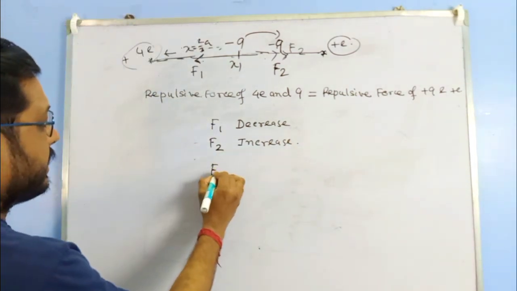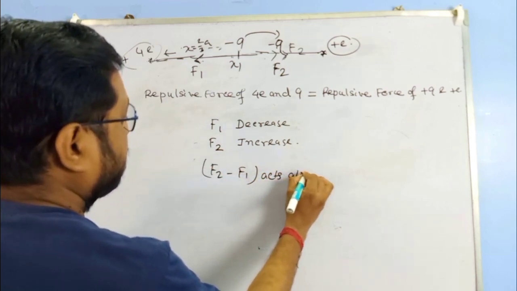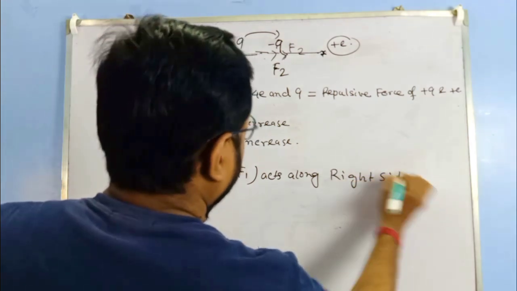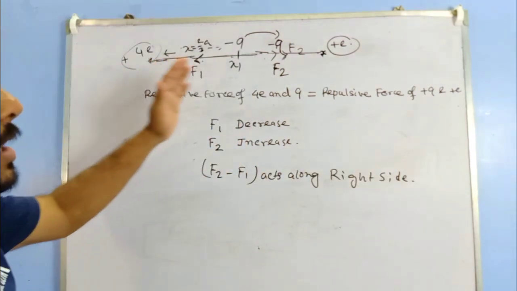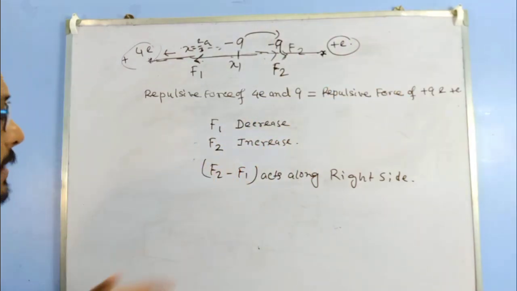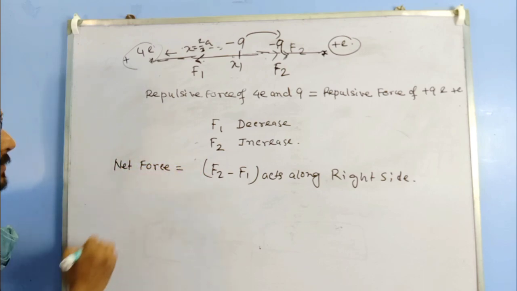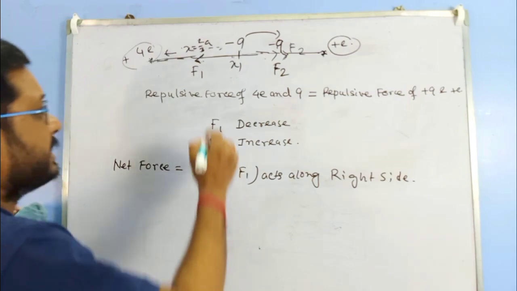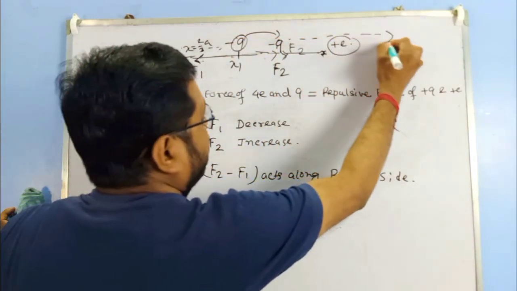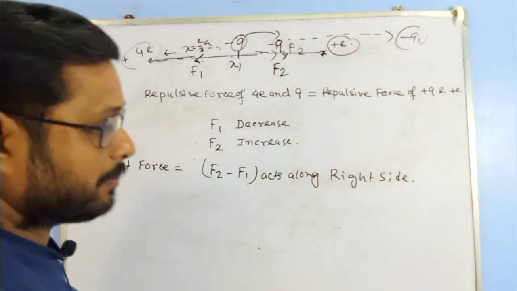But here F2 minus F1 acts along the right side, because the direction of F2 is now on the right side, not the left. So the net force is directed to the right. That is, the charged particle cannot come back to its initial position; it moves away from it. As we said earlier, this is the case of unstable equilibrium.